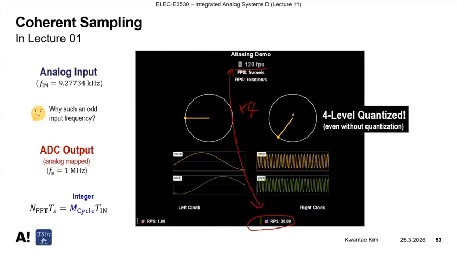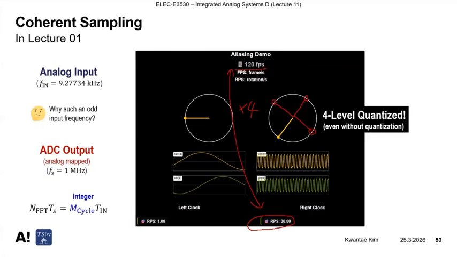But when you run this aliasing demo, it will be like this: rotating and pointing at only 4 points. This is because the rotation speed and frame rate are aligned with exactly 4 vectors.